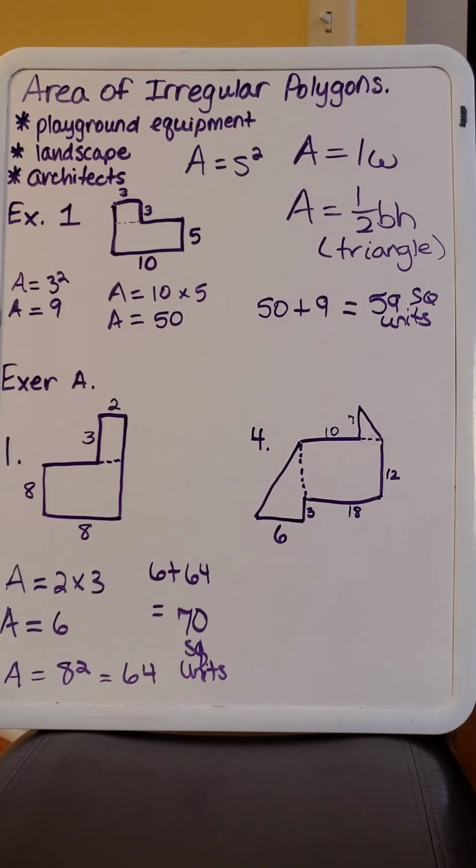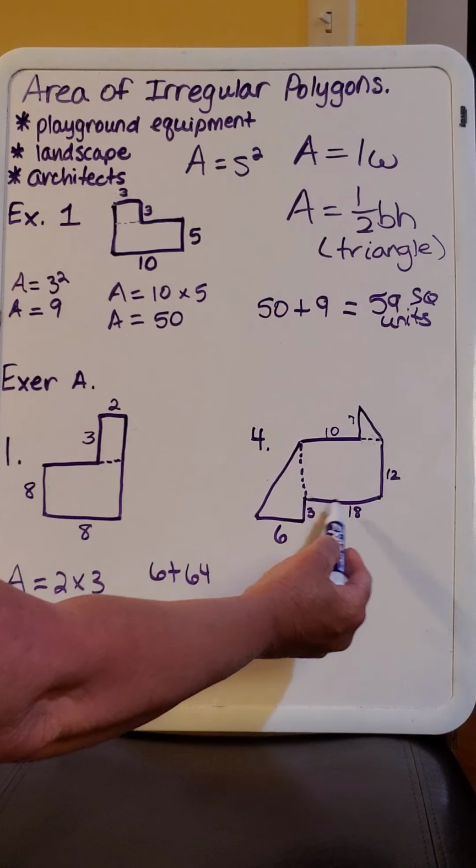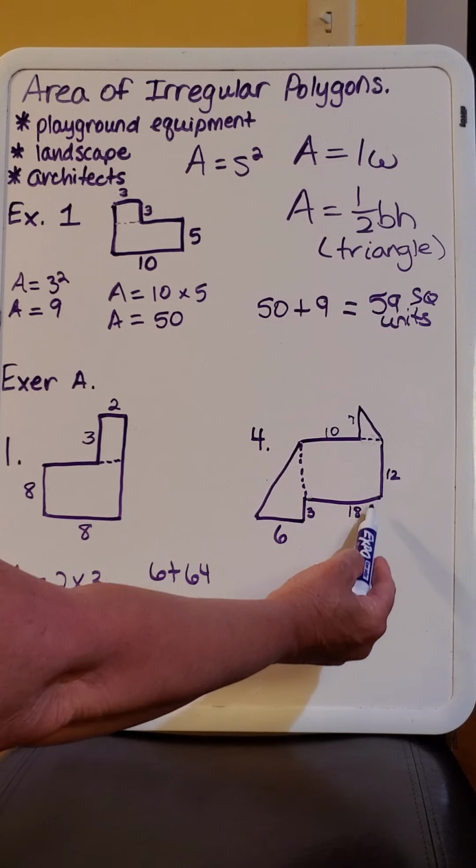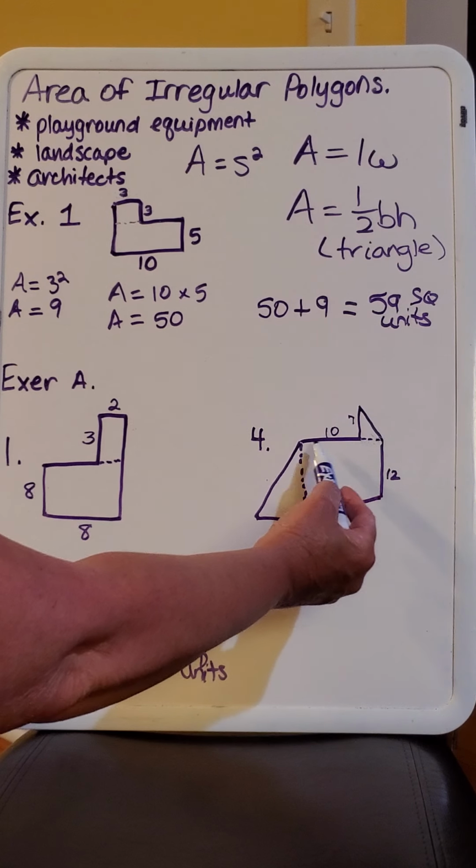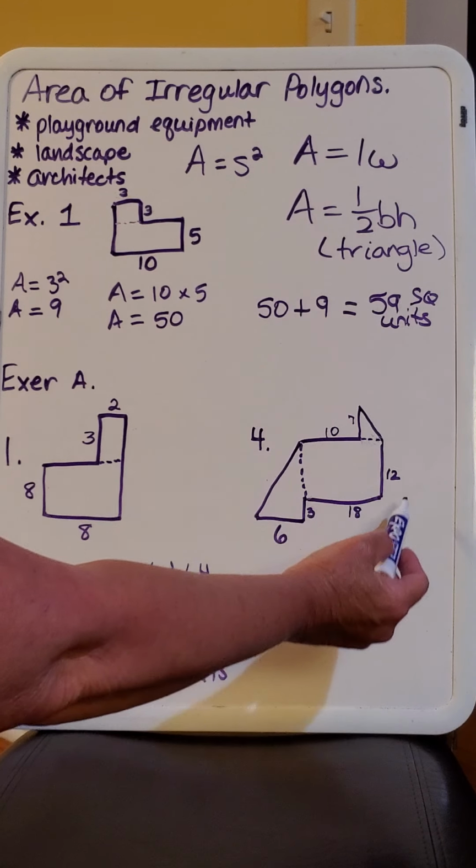Number 4, we can tell that that's a rectangle and 2 triangles. So the issue that's going to be here is what are the measures. So we're going to take them apart. We've got 3 shapes here, 2 triangles and 1 rectangle. For the rectangle, one length of the side here is 18, so I know that's going to be 18 there as well.